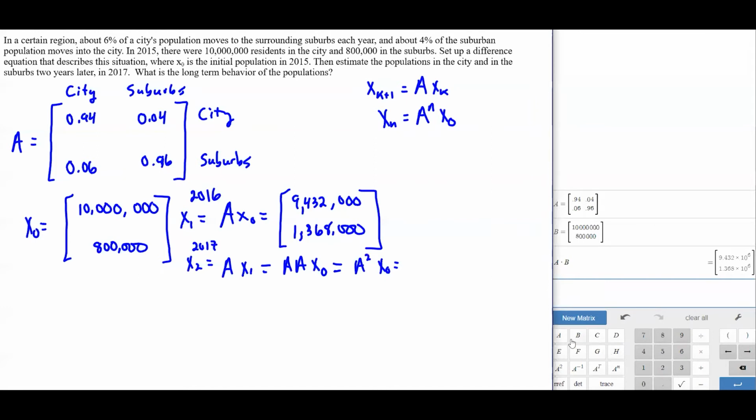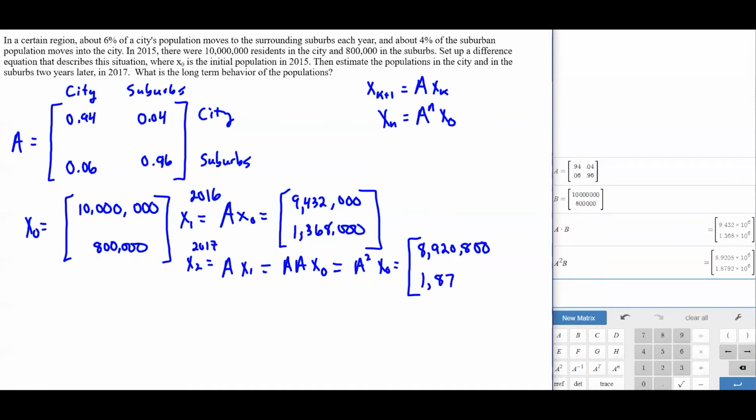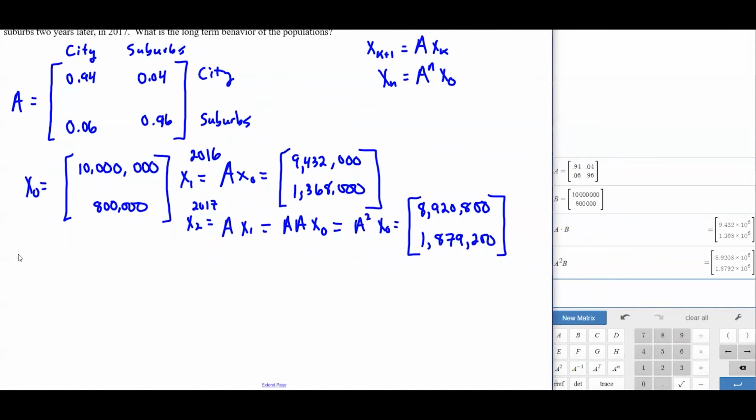So let's say A squared times B, and that gives us the population after 2 years. So again, these are rounded. Sorry, my dog's going crazy.